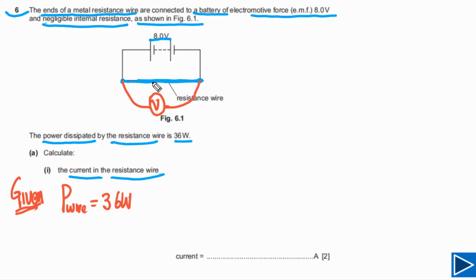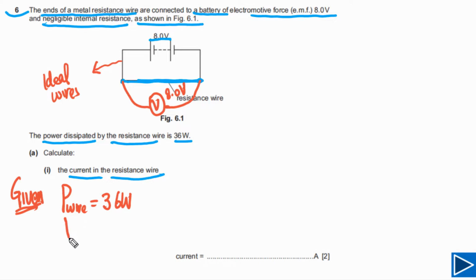If it had internal resistance, we would also need to consider it, but in this case it does not. These are also ideal wires, so there is no potential drop. All the potential is dropped across this resistance wire, so the reading on the voltmeter has to be 8.0 volts.